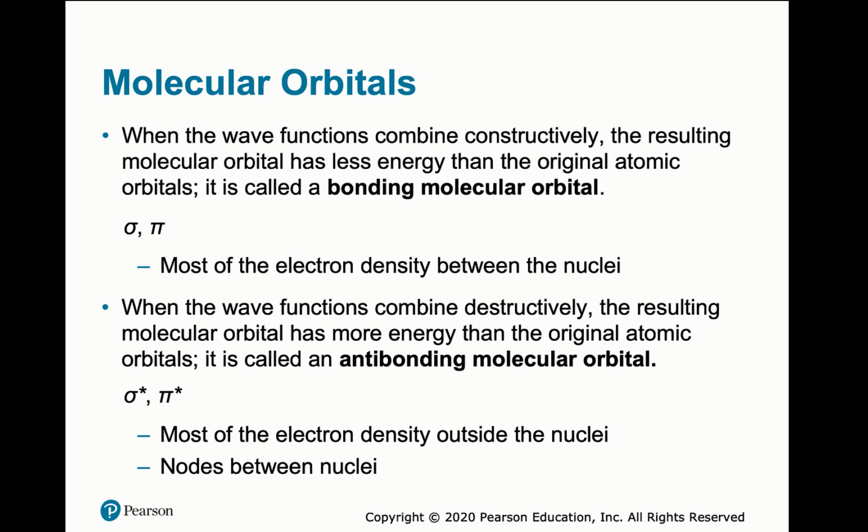And then we have the electron density. We see most of the electron density is outside the nuclei, and that's true for atomic orbitals as well. But there are nodes in the nuclei, so it depends on the molecule.